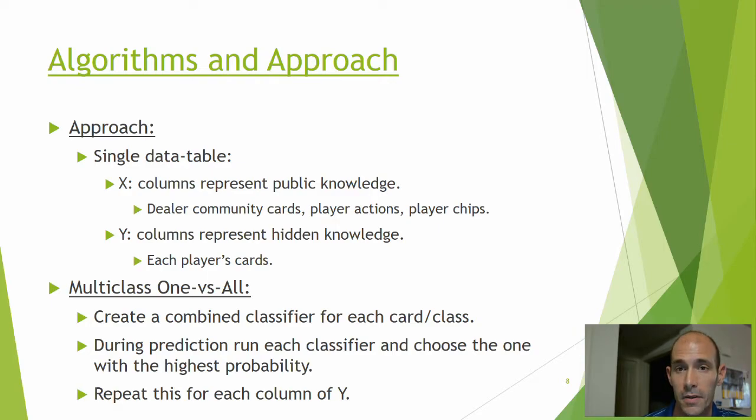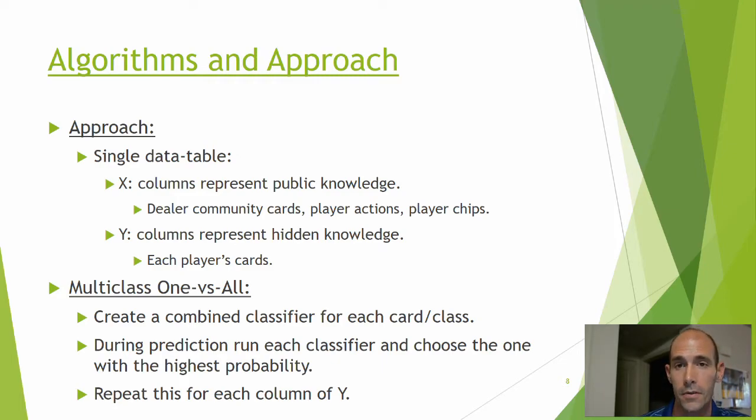That table will be split up into X columns and Y columns. X columns are all the public information: the dealer cards, the player actions, the player chip counts. And all the Y columns are going to be the hidden information, generally or exactly those hidden cards that the player is holding.